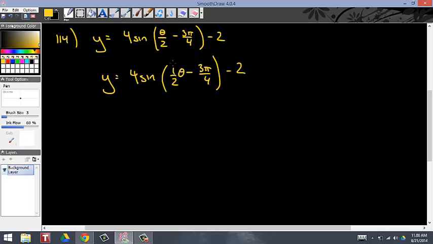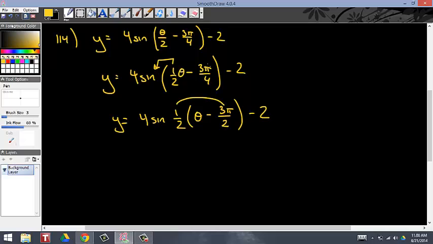It's really 1/2 theta. Now I'm going to factor that 1/2 theta out, so it's going to be y equals 4 sine 1/2 theta minus 3 pi over 2, minus 2. If you guys don't know why, multiply that back in. 1 times 3 is 3. 2 times 2 is 4.